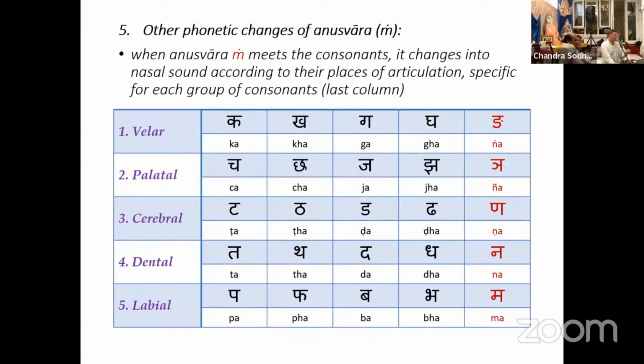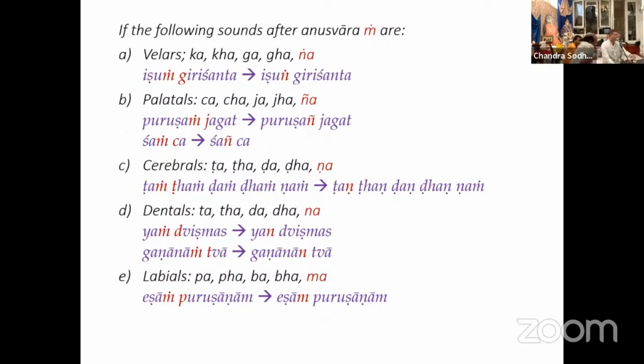We have ka, kha, ga, gha, nga. So when we have anusvara followed by any of the velars, in this case, ishum girishanta, to keep this continuity, we are actually changing it into this velar nasal. It is like if you would chant ishum girishanta with m, you see how it is colliding with each other.